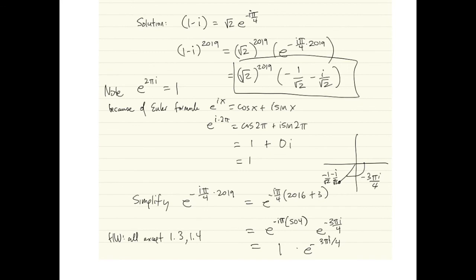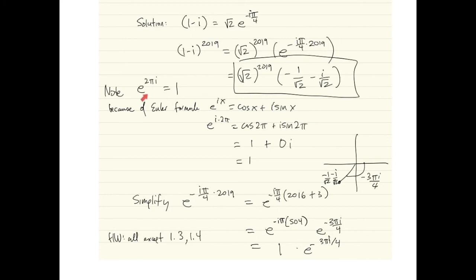So what we have here is that 2019 is 2016 plus 3, and 2016 is a multiple of 4, namely 504 times 4. And then we've got this 3 left over, and e to negative pi times an even number is 1.